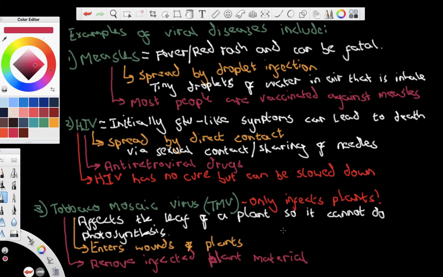Now, just for your idea, we've got the name of the virus in green. In this sort of yellowy orange colour, we're saying how it spreads. And then in this sort of pinky red colour, we're saying how to stop it spreading.